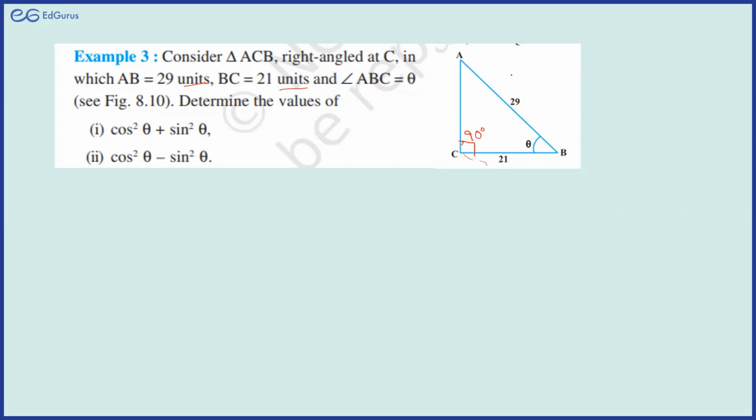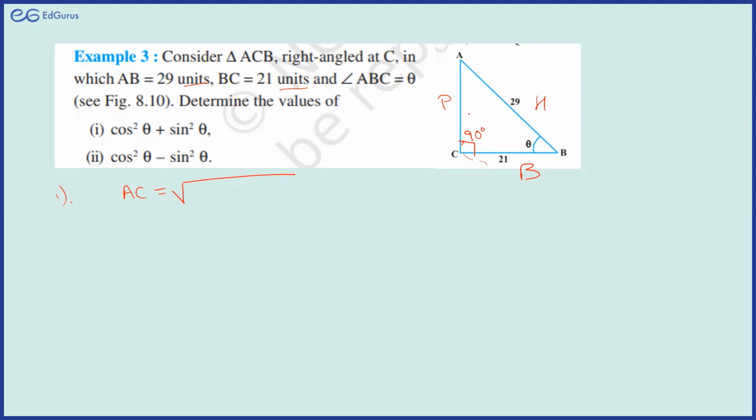AB, which is the hypotenuse, is 29, base is given, perpendicular we don't know, and they have asked you to find cos square theta and sine square theta, right? So now we know for finding sine we need perpendicular, we need AC, right? That's the first thing we need to do, find AC. So AC is equal to what? Using Pythagoras theorem.